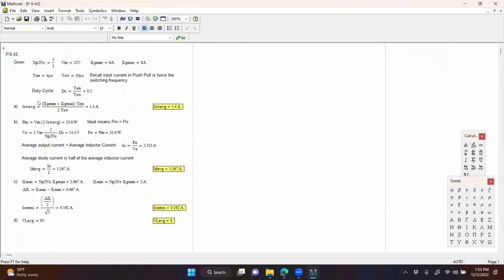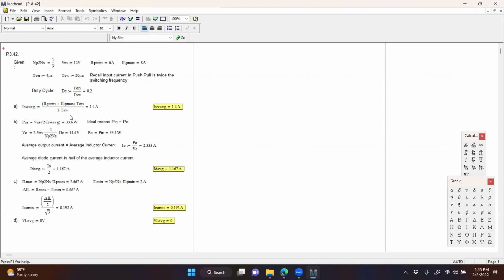So this is not the average, okay, I misunderstood that, because IL average is also IL min plus IL max over 2. And then if I do duty cycle, which is also T on over TSW, I get the same answer, but my concepts were different, which is why I wanted to talk to you about it.